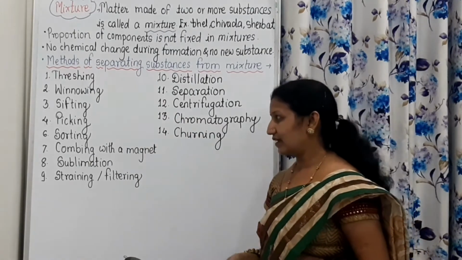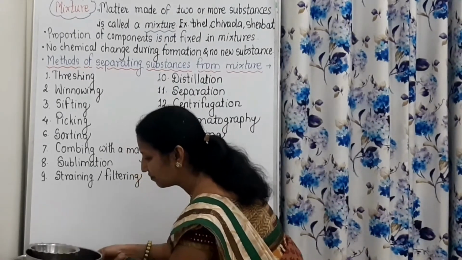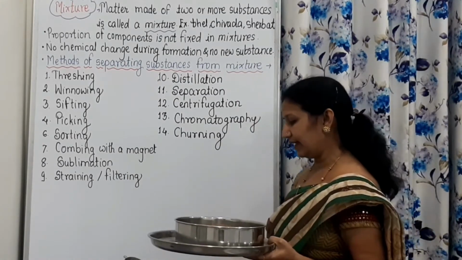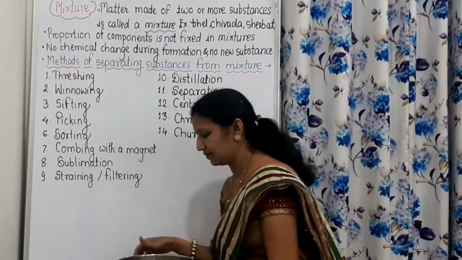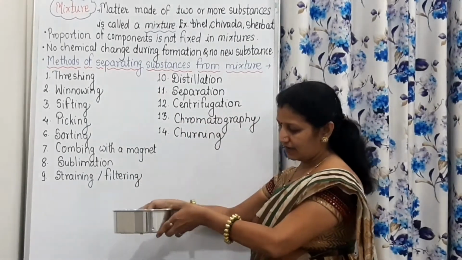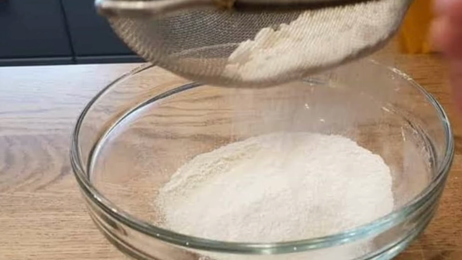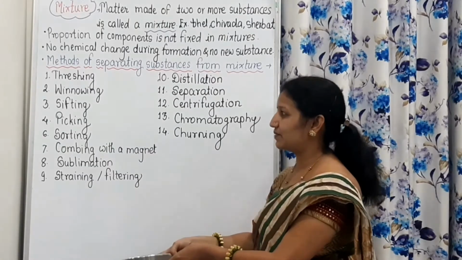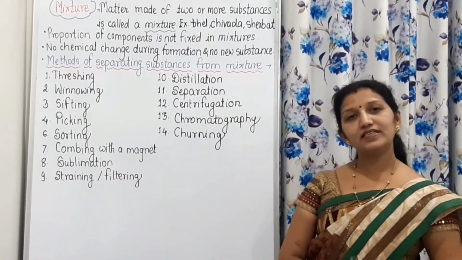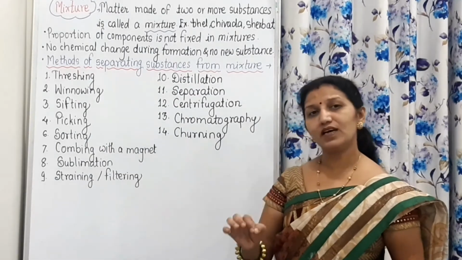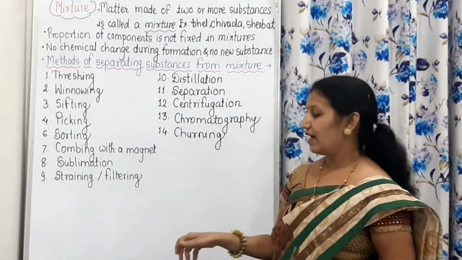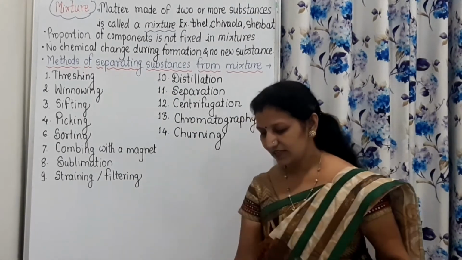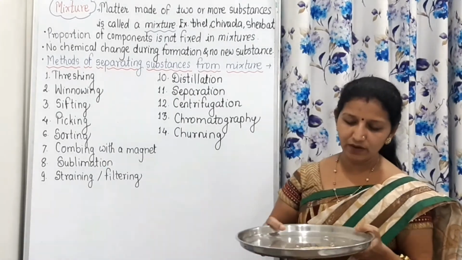Then sifting. How is sifting done? If we take grains and use a sieve, with the help of the sieve we separate the unwanted substances. This is called sifting. After sifting, some unwanted substances remain, and they can be separated by the method of picking.